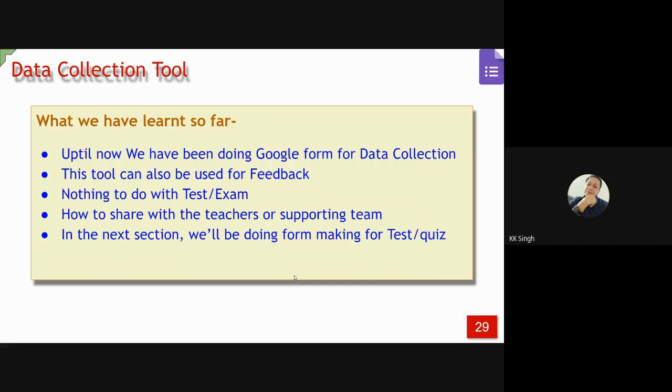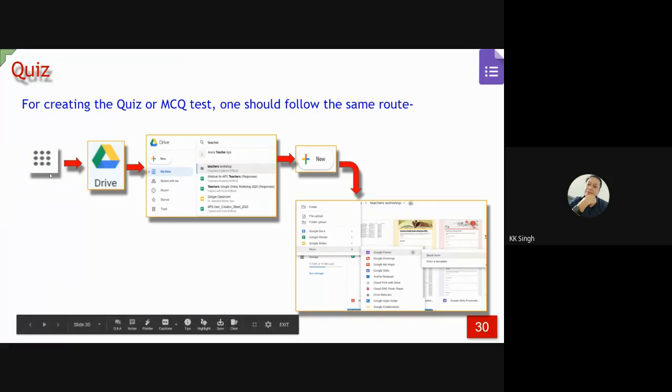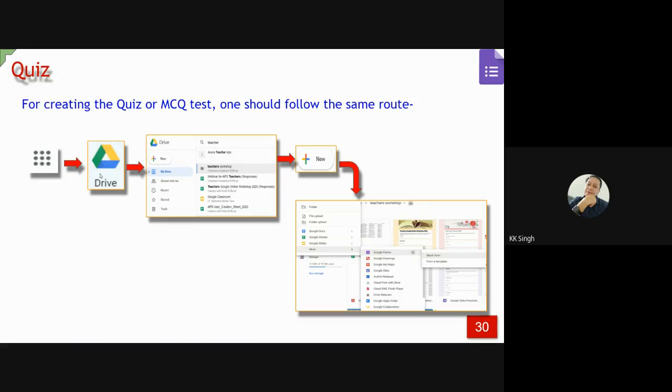So this was a data collection tool, and now this is the test kind of form. See here, from the app, select Drive, and from Drive, click on New, select the folder.